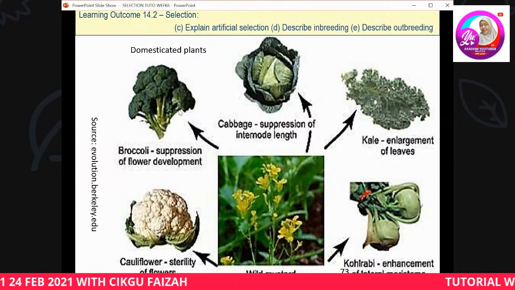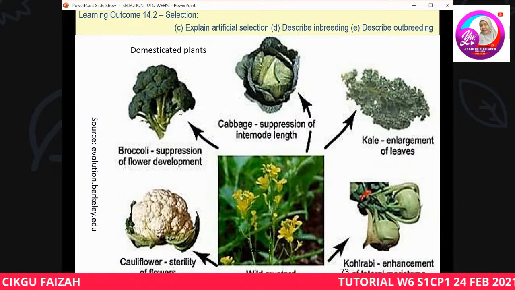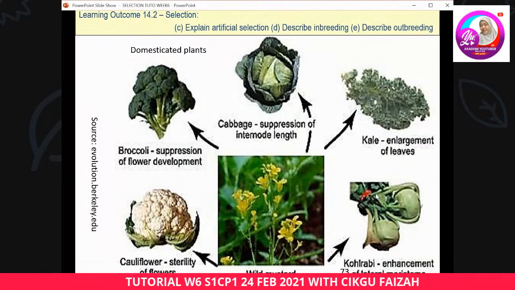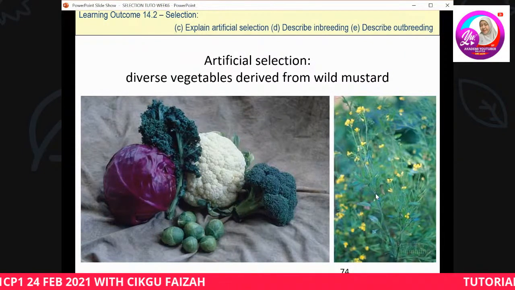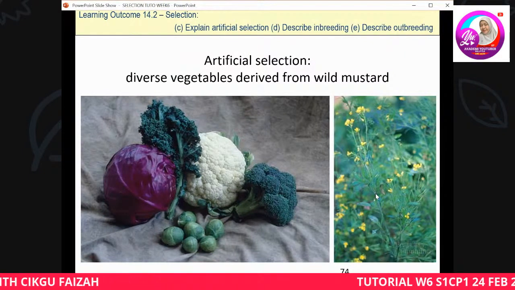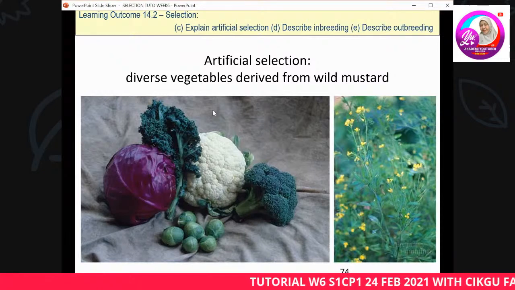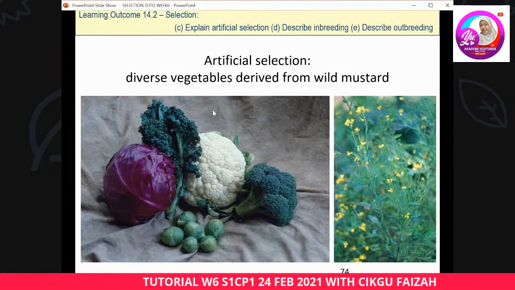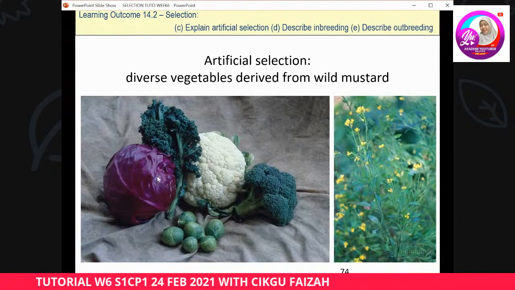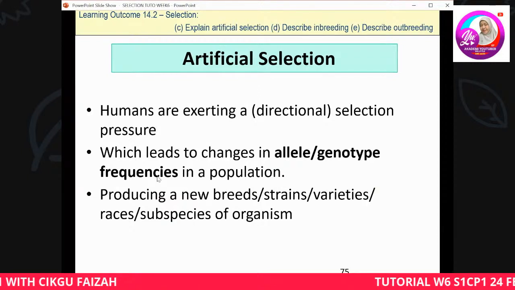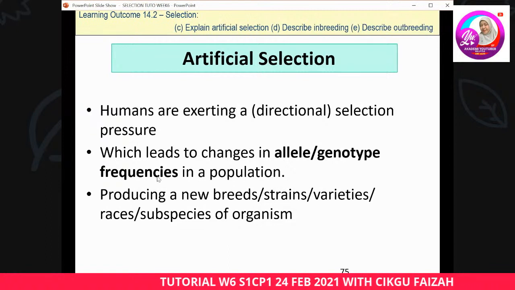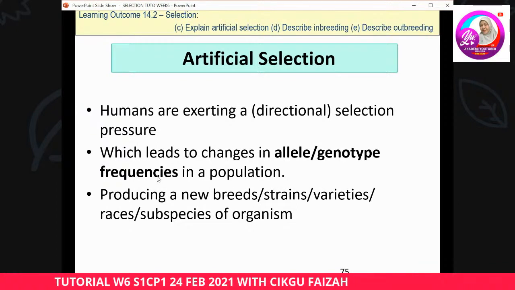You see broccoli, cauliflower, kohlrabi, kale. All of this is artificial selection, done by us humans. So you can have diverse vegetables, even cabbage with purple color. Artificial selection is something we are the ones doing. So if teacher asks you, class, for artificial selection, which graph will be shown?